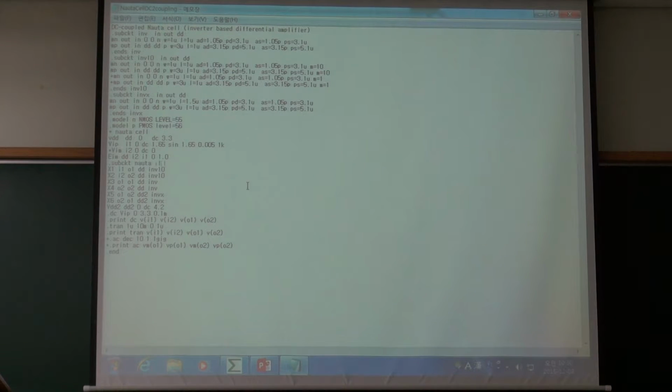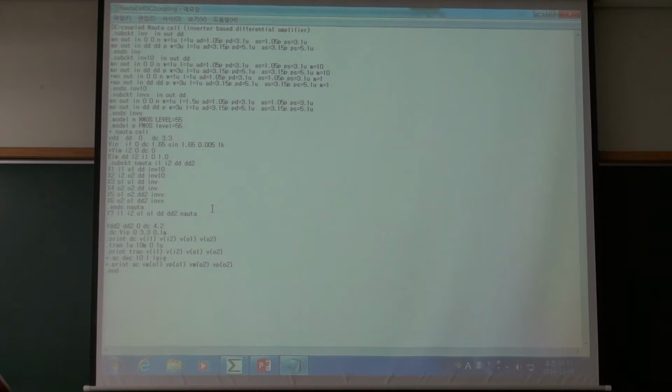What are my inputs? I1, I2, O1, O2, DD, DD2. Yeah, there is a DD2 there. So I will change this into dot ENDS Nota. And then I will generate a sub-circuit call X7: I1, I2, O1, O2, DD, DD2, Nota.